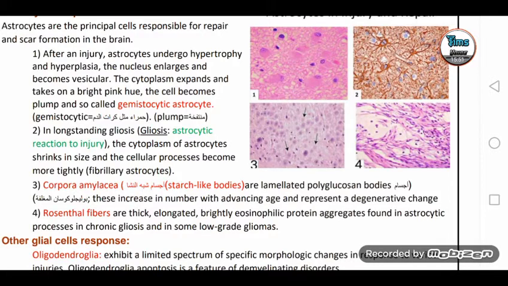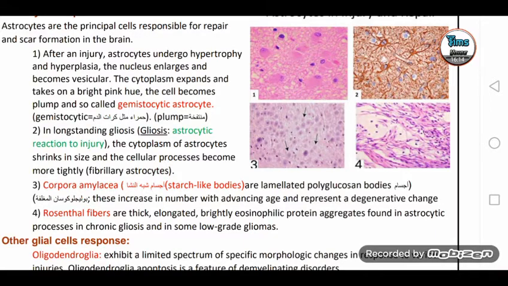So corpora amylacea are carbohydrates. We call them starch-like bodies, which are lamellated polyglucosan bodies. They increase in number with age and represent a degenerative change, so they harm the brain.